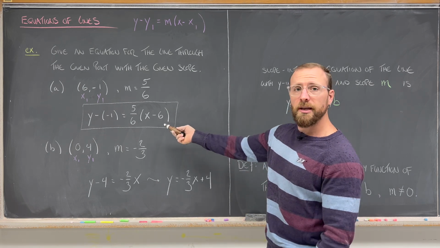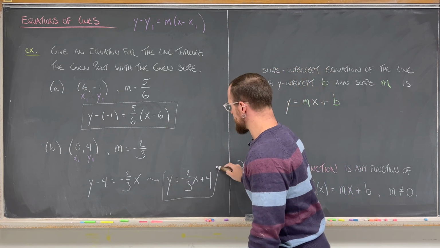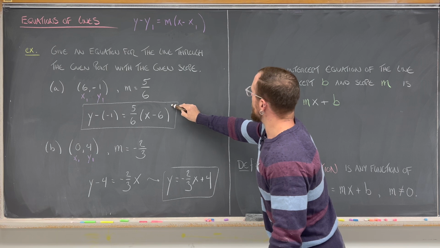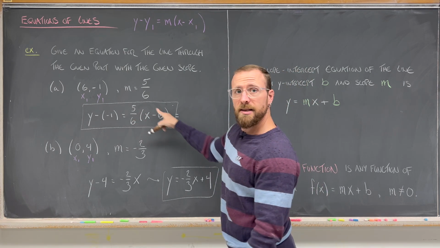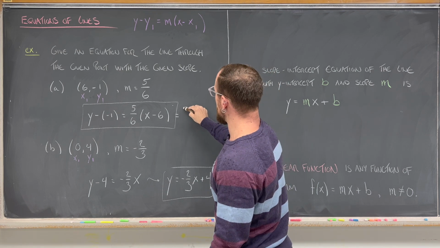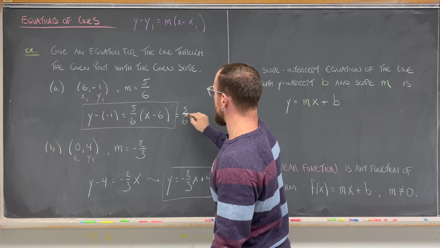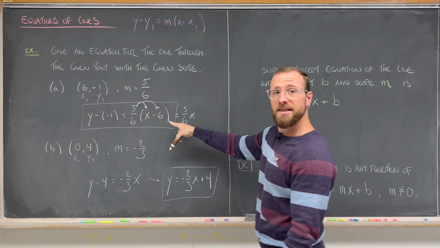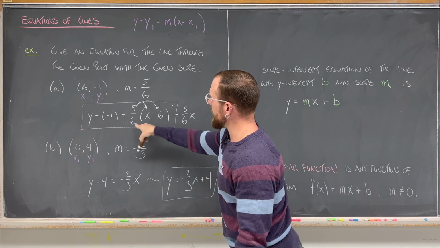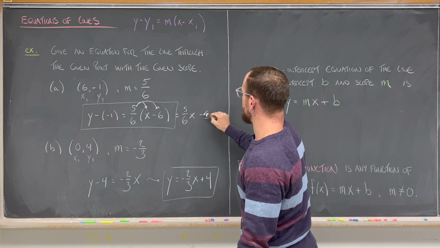I could have actually gone ahead and done that with this example also. Maybe let's do that. If I distribute this 5/6, you're going to see that this right-hand side is 5/6 x minus 5/6 times 6. Those 6's are going to cancel. I'm just going to leave behind a -5.